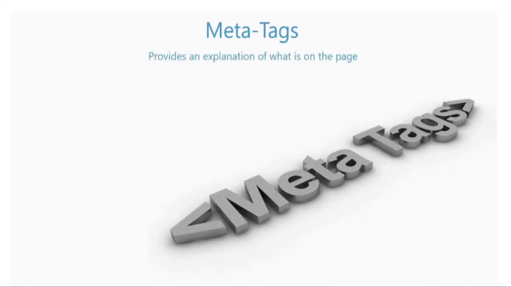Looking at meta tags, they give an explanation of what is on the page. Search engines like Google often display the meta description in the search results. It should be only up to 160 characters long. Again, if it's longer, then Google and other search engines will cut it off.